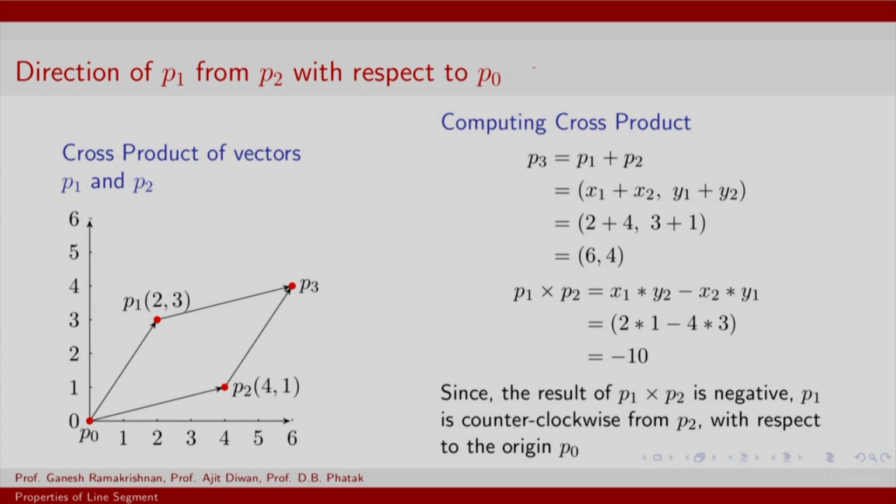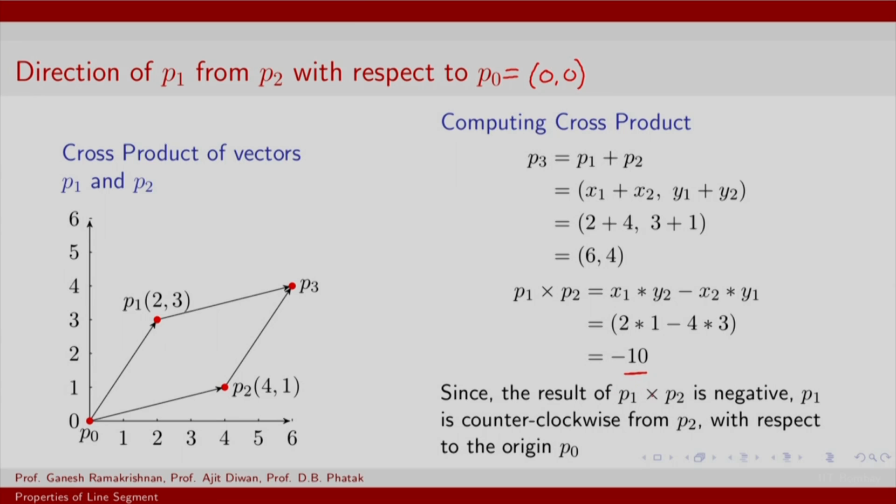So continuing with this same example where we assume that P0 is the origin, the cross product is computed as follows: P1 cross P2 is x1 into y2 minus x2 into y1, and for this specific example P2 is (4, 1), P1 is (2, 3), and this cross product is minus 10.